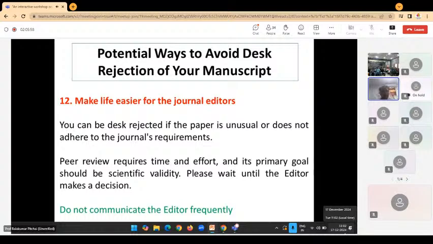Recently, one journal, it is an open journal, not single blind or double blind, open. I submitted a paper there. They sent my paper to 251 reviewers. Out of 251 reviewers, only one reviewer agreed to evaluate the manuscript.